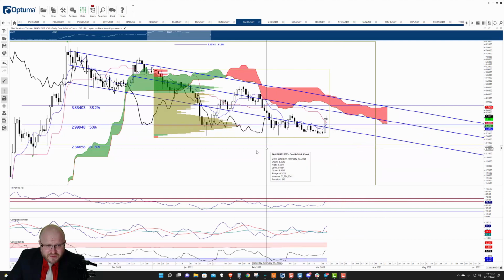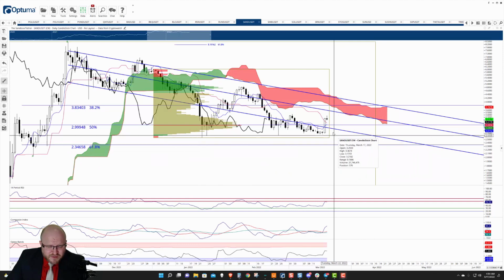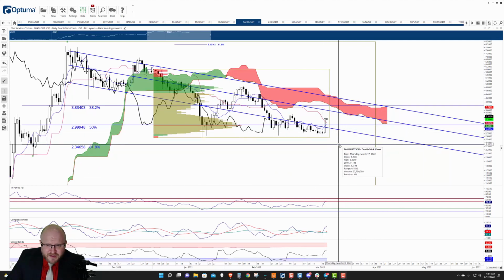If that fails, though, the next level of support is that 618 fib retracement at 2.34. So $3.80 to $4 on the upside potential, and $3 as the likely lows, but in case anything dramatic happens, down to 2.34.